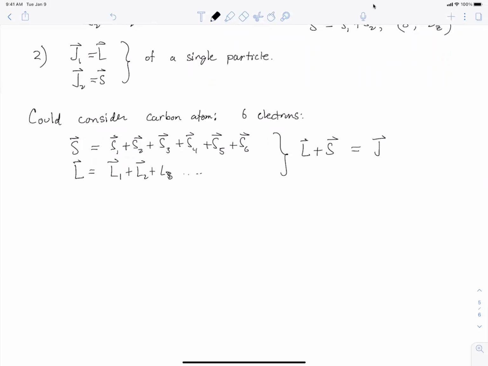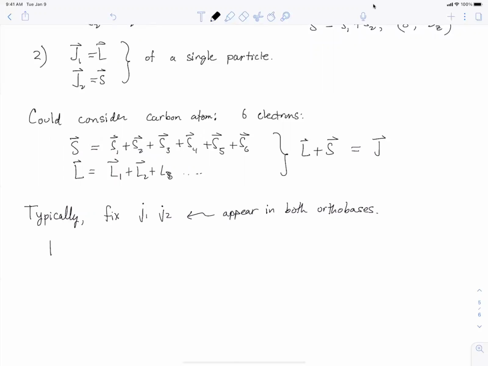Okay, now typically when you're combining two angular momenta, you fix the total angular momenta J1 and J2, and notice that appears in both orthobases. And so it's very common if you're going to write one orthobasis, for example, the product orthobasis, I'm going to write these in a different order this time.